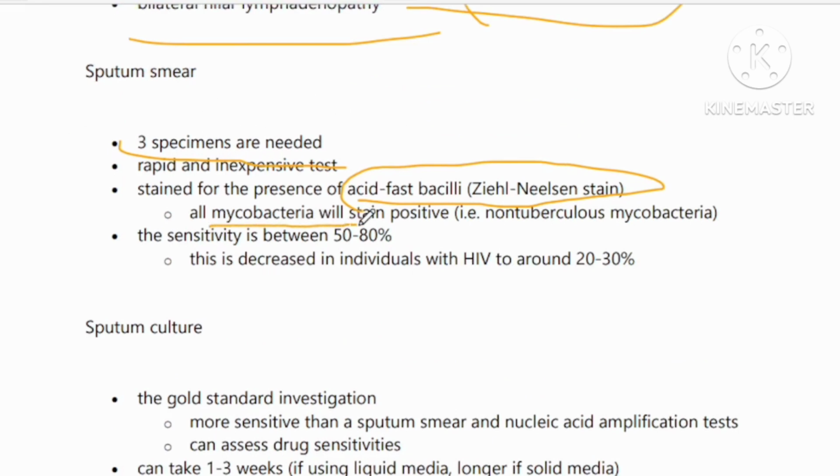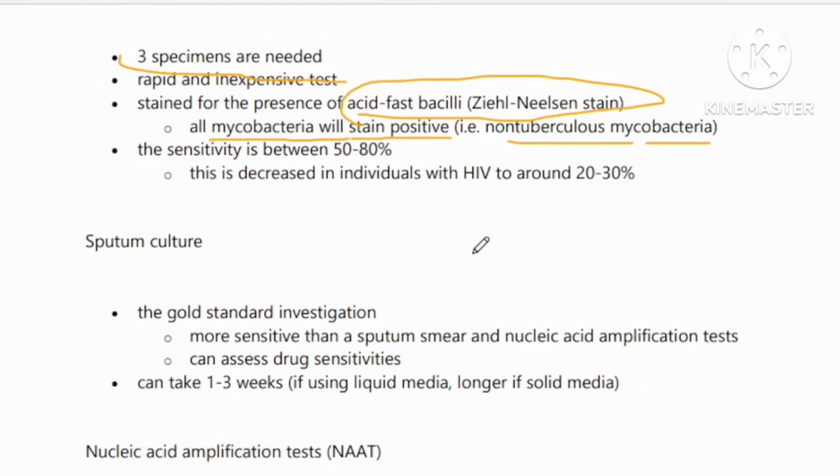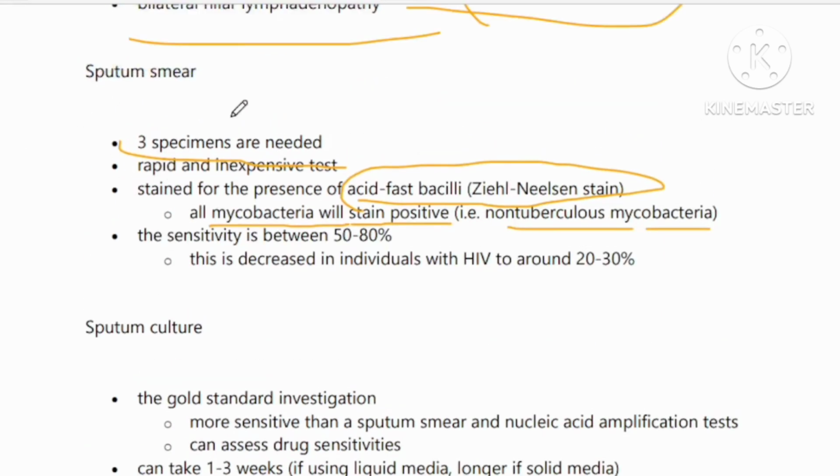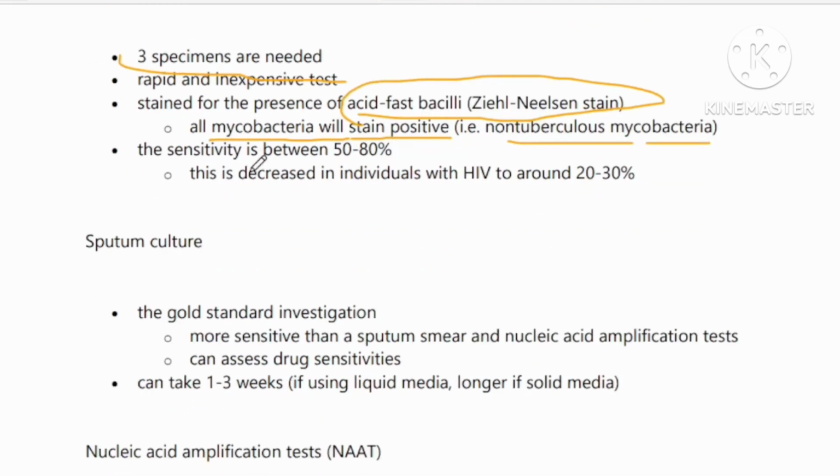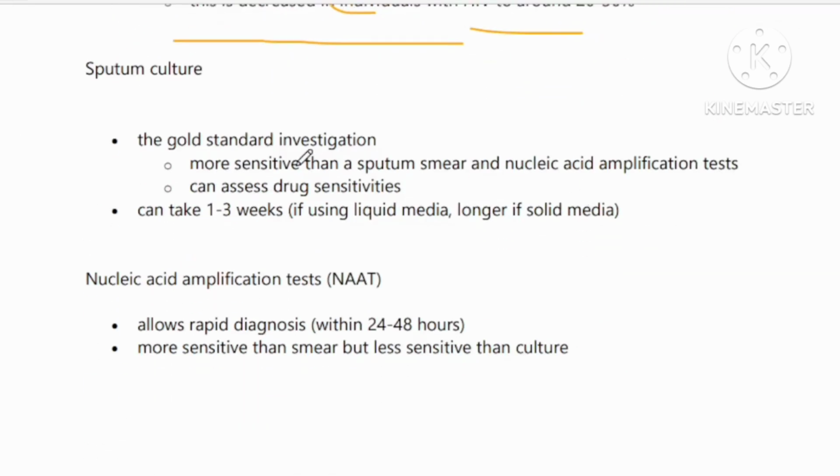In an AFB smear, all mycobacteria will stain positive, like non-tuberculous mycobacteria such as Mycobacterium bovis or avium complex. The sensitivity is between 50 and 80%, and it is decreased in individuals with HIV to around 20 to 30%.